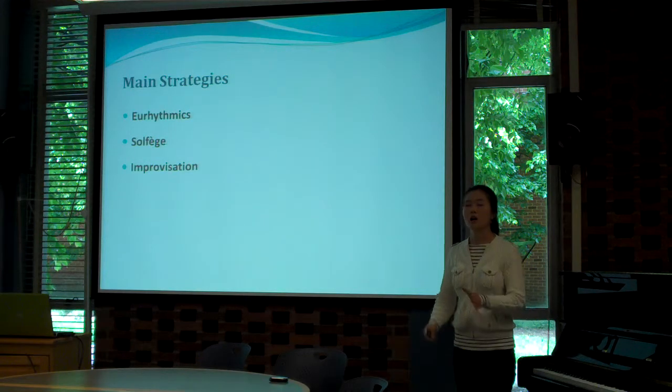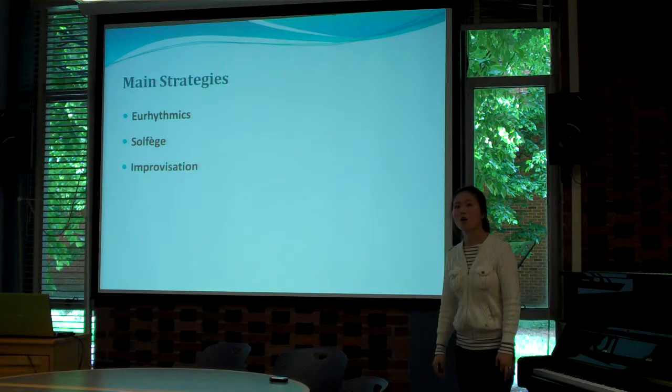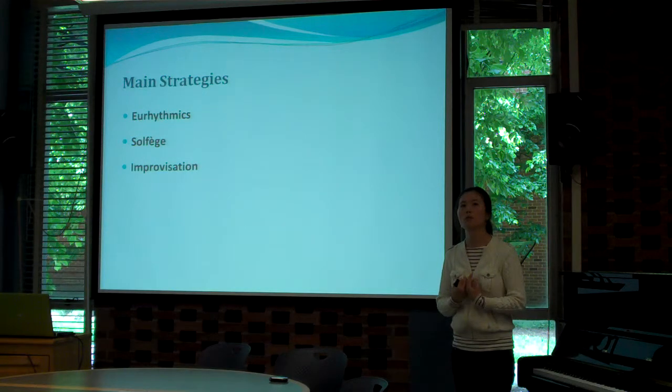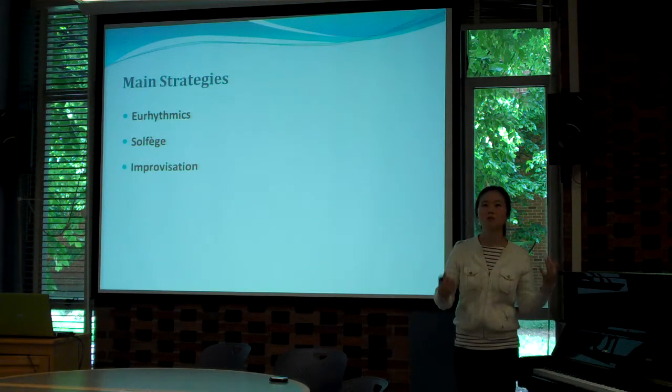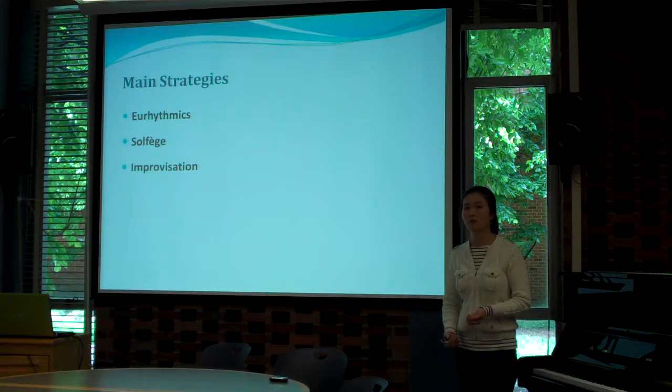He thought rhythm is a fundamental and essential component of music. Also, the body is a good source of rhythmic development. So using body movement, we can develop rhythmic sensitivity.